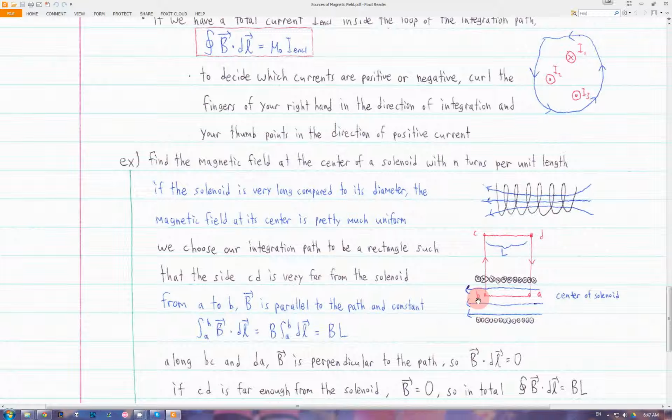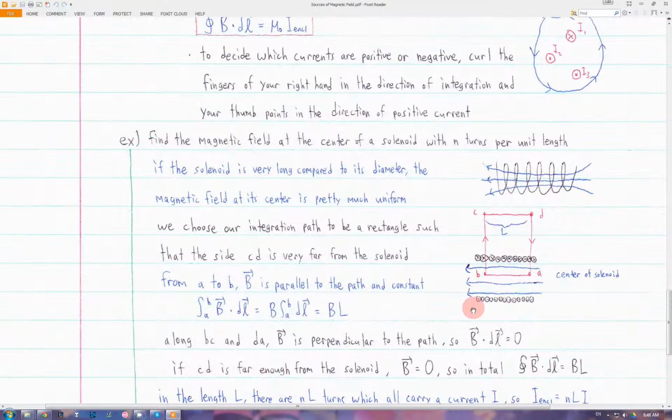Now we need to calculate it for the other three sides of the rectangle. However, from B to C and from D to A, the magnetic field is always perpendicular to dl, because dl is going straight up or straight down, while B is going horizontal. So at these points, B dot dl is equal to 0, and we can ignore these two sides of the rectangle.